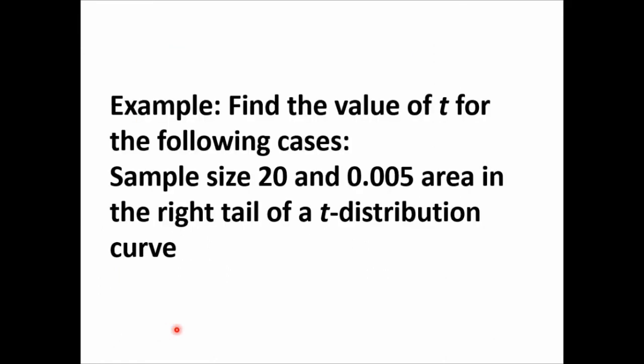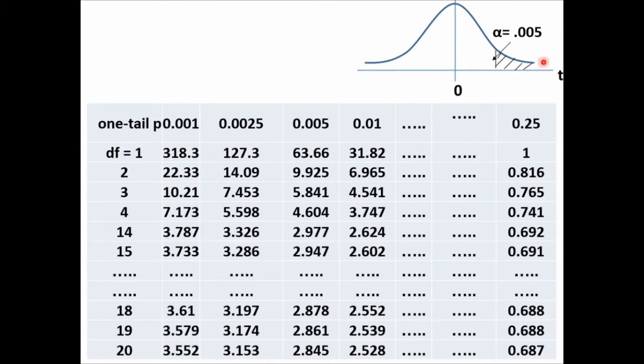Another example, find the value of t for the following case: sample size 20 and the area is 0.005. This area here is 0.5%, meaning we have 99.5% on the other side. So here is the 0.005, which is here, and this area here will be the 0.995.